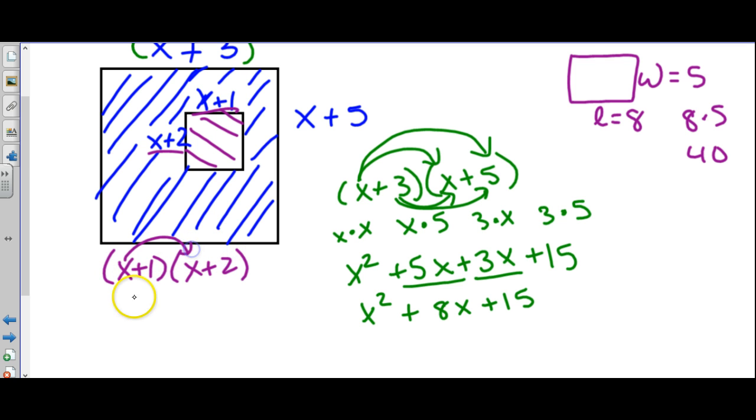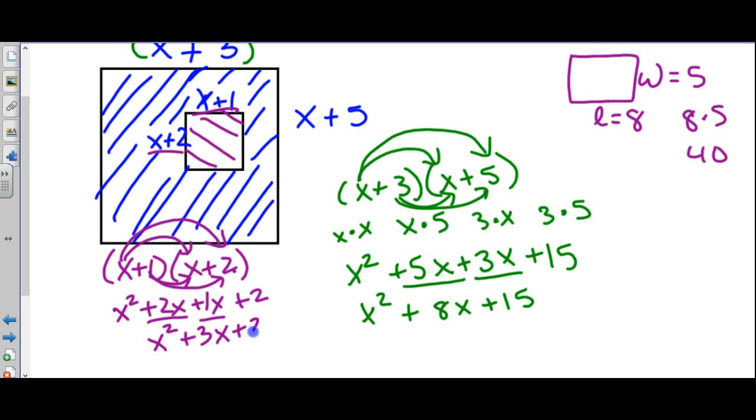First times first is x squared. Outer times outer, x times 2 is 2x. Inner times inner, 1 times x is 1x. Last times last, 1 times 2 is 2. Combine our like terms, we get x squared plus 3x plus 2.